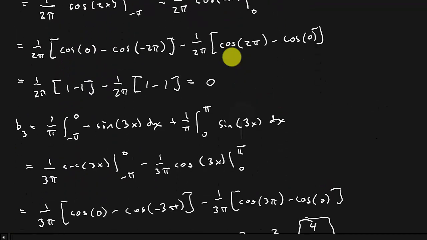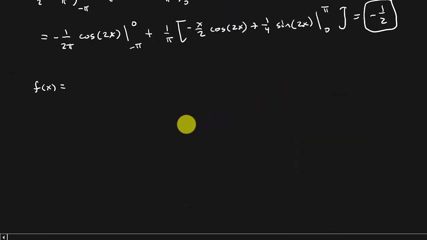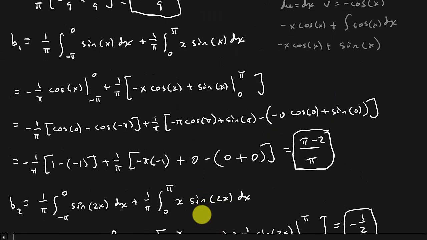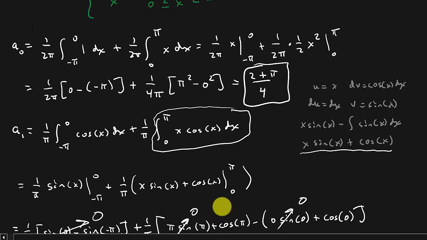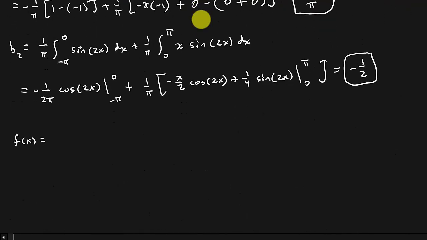That's all we're doing. So we get f of x is A naught, and in this problem, A naught, well, that's way on up there, is 2 plus pi over 4. So that's going to be 2 plus pi over 4.